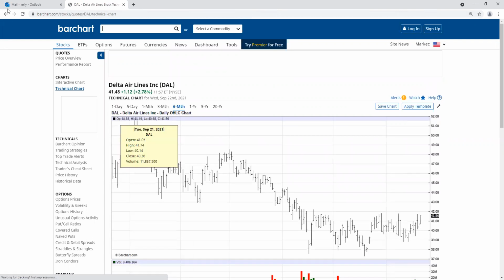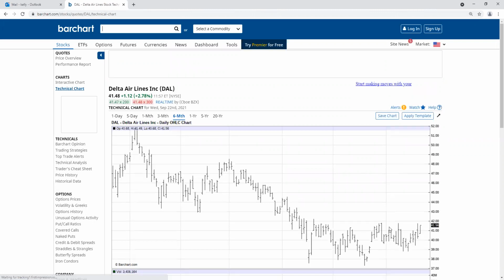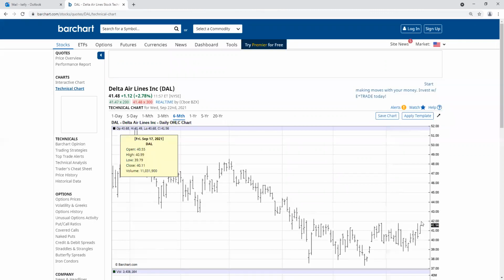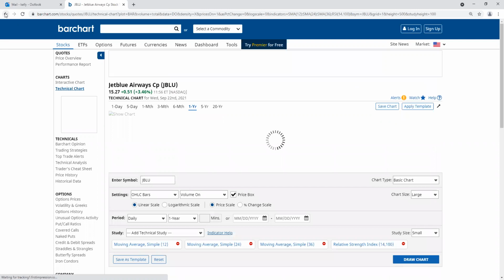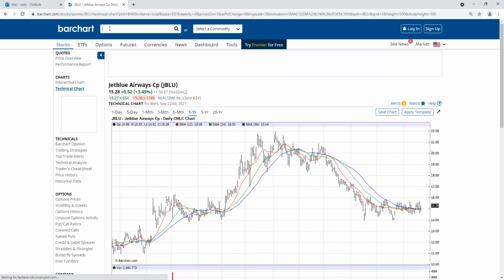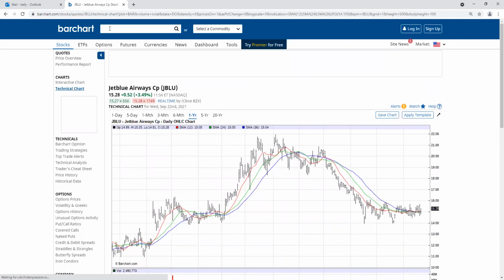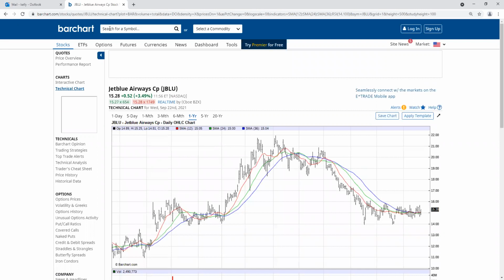They took away my moving averages. Well, clearly if it gets above 42, it looks like it's getting going. So keep an eye on Delta as well. Okay, and there's JetBlue. Before we close up here, I'm just going to put up the S&P again to see what it looks like for today.